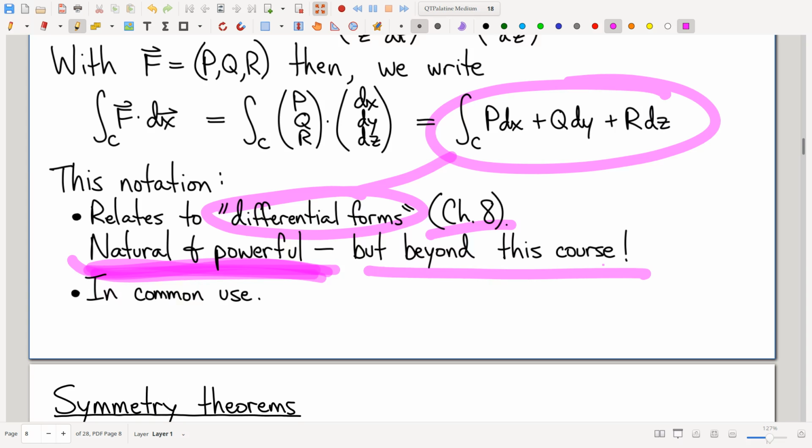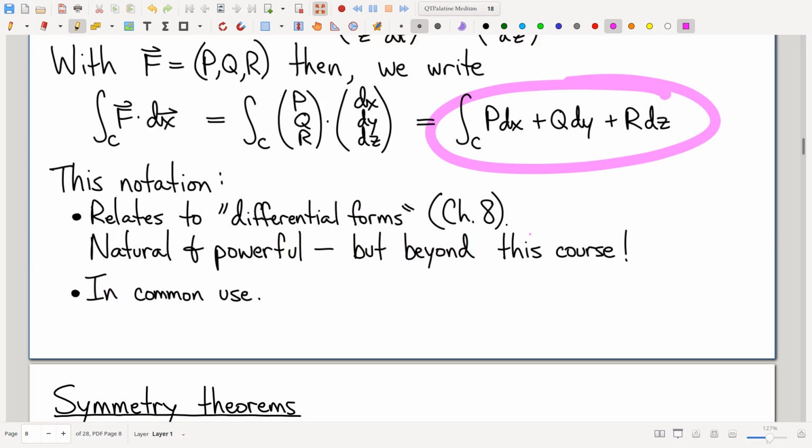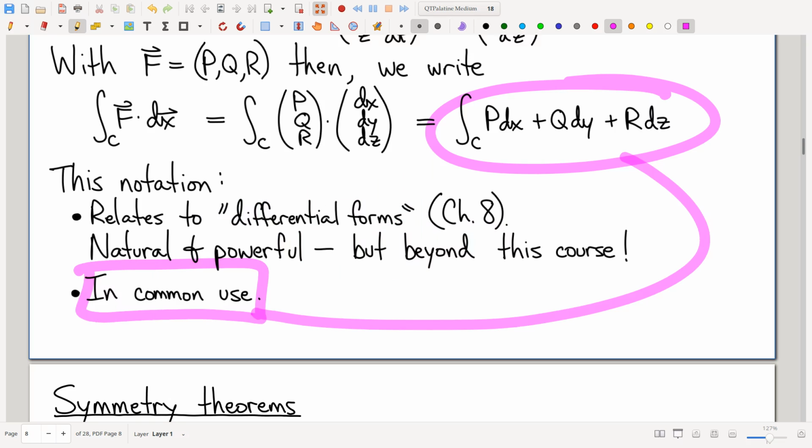So arguably the point here is that this notation is really great in ways that you'll never have a use for. Right? So again, you're not going to personally get anything out of this notation. But because there are other uses for it, that notation is in common use, even in situations where they're not using the power of it. Some people still like to write their vector line integrals like this.